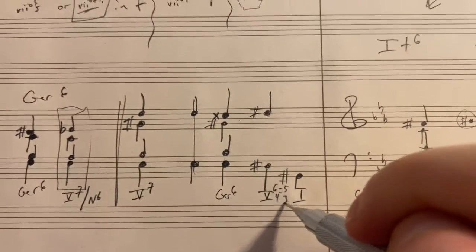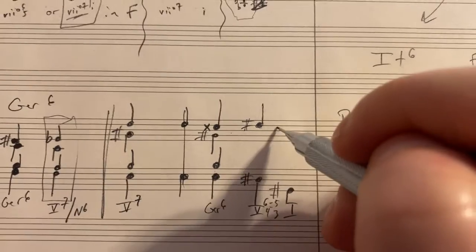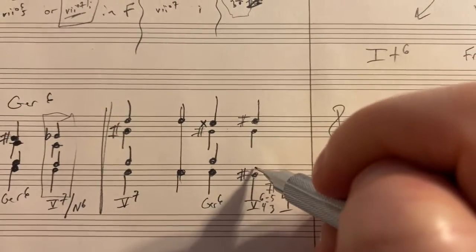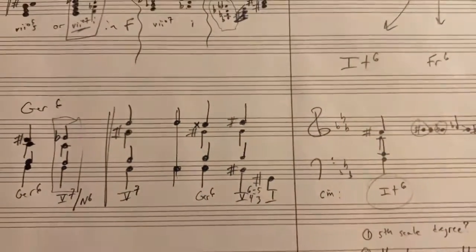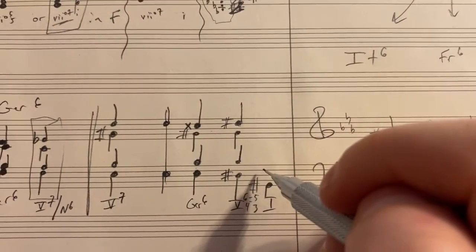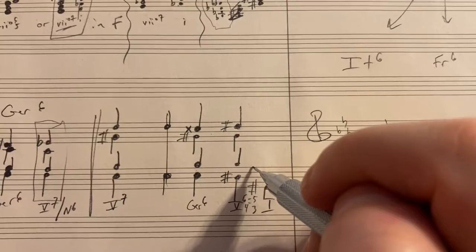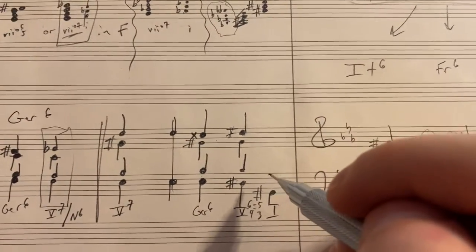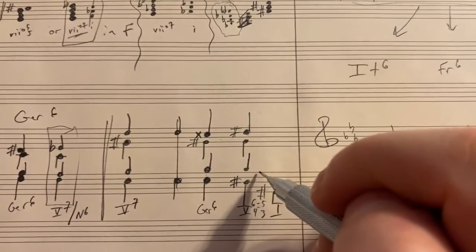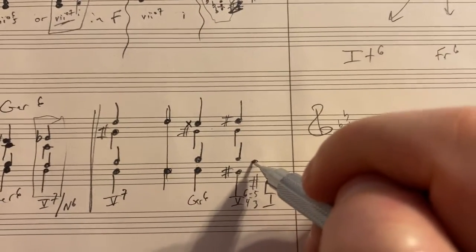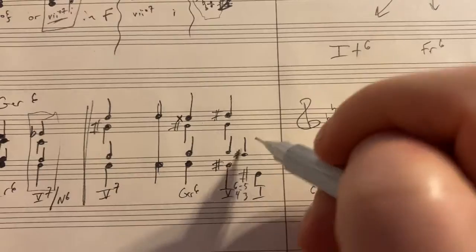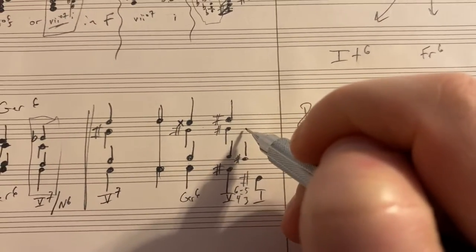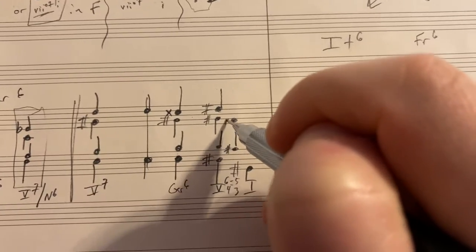So it would look like this. So this is a D sharp. Could I have picked a worse key? This would be going from a G sharp to an F double sharp.